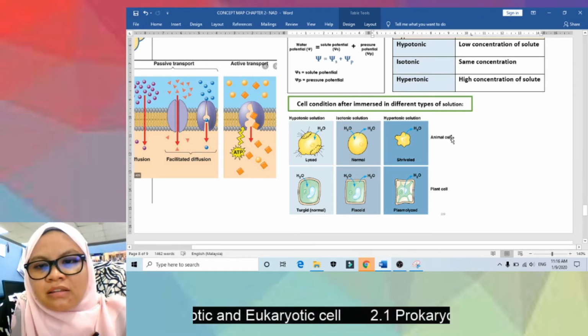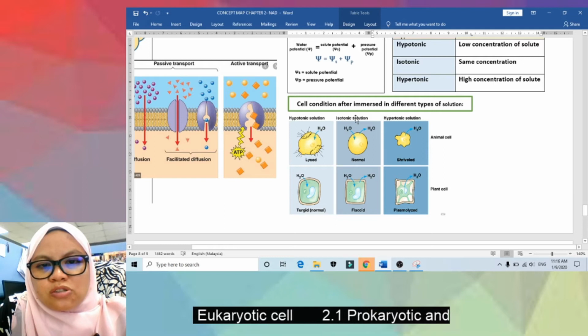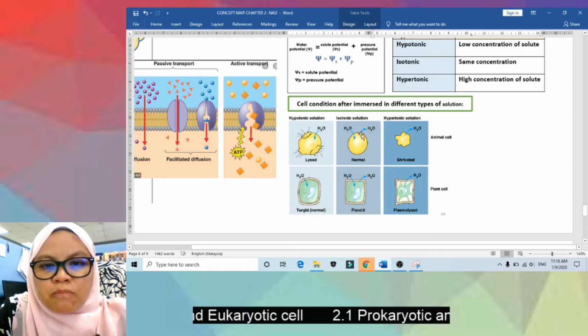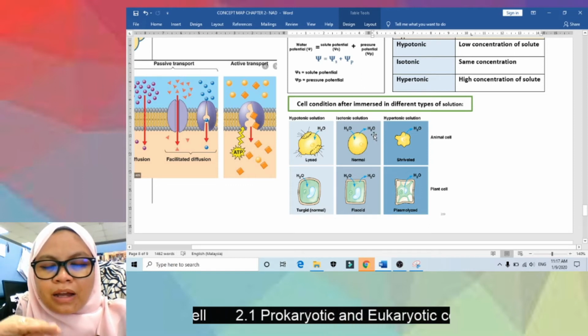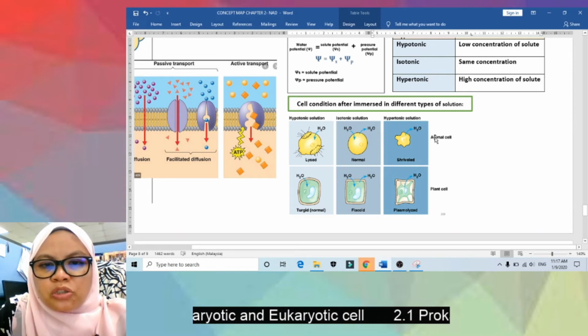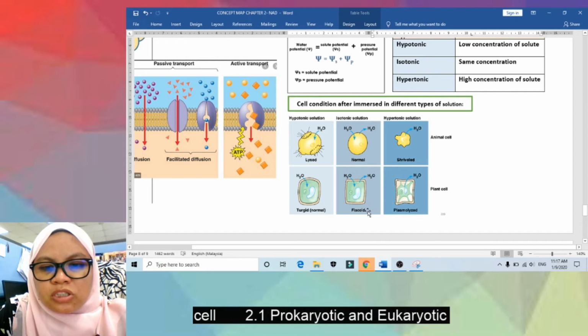Next, if the animal cell is immersed in isotonic solution, it means the concentration of the solution and the concentration of the cell are equal. So water will move in and move out in the same balanced condition. So what happens? The condition of the animal cell we call normal. The condition of the plant cell immersed in isotonic condition we call flaccid.